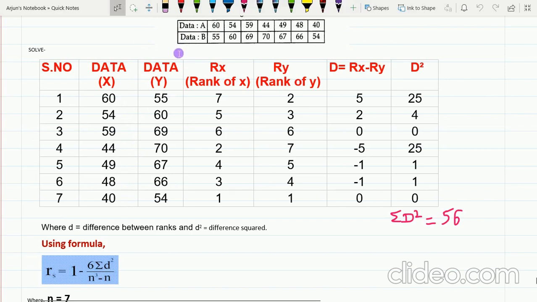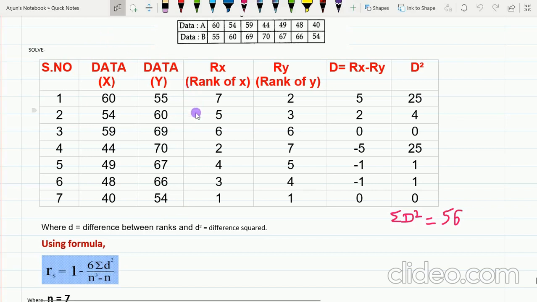After that, data B. I have taken it as Y and noted it down in the third column: 55, 60, 69, 70, 67, 66 and 54. As it is, I have noted down the second data also and named it data Y.